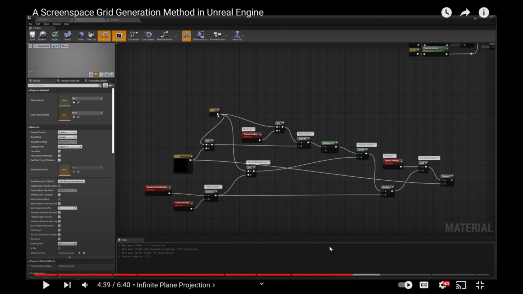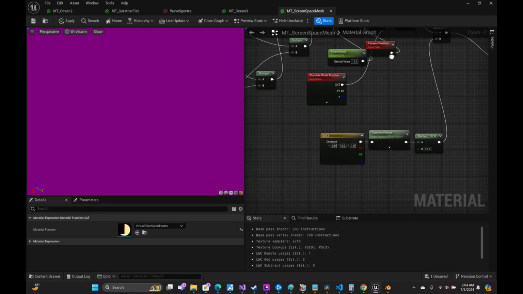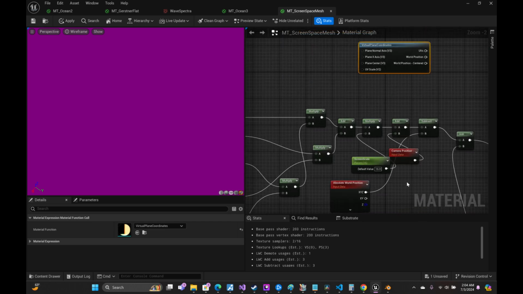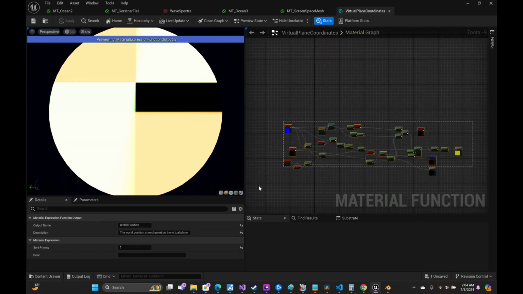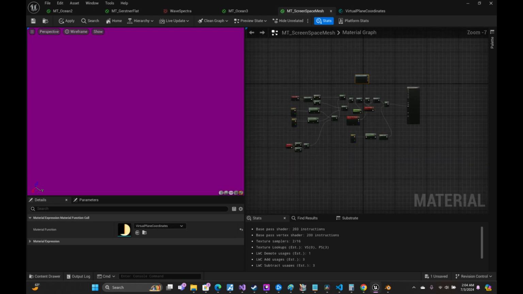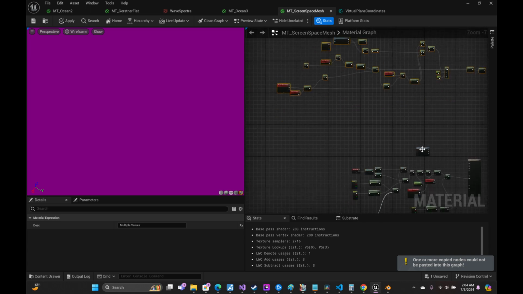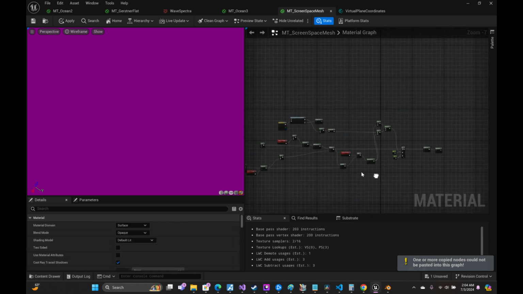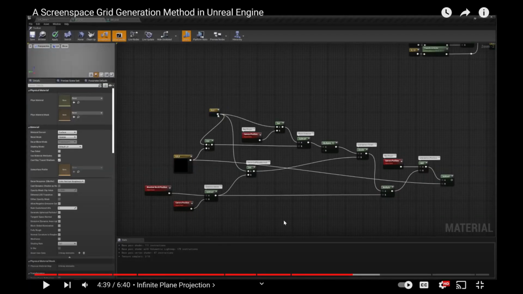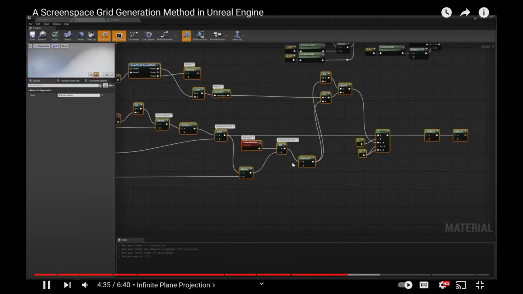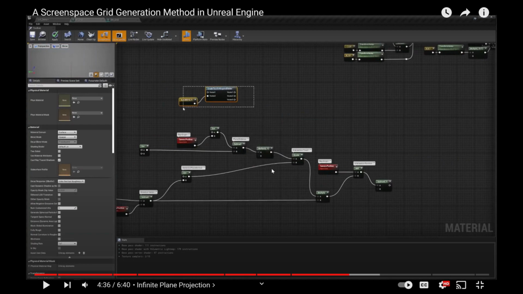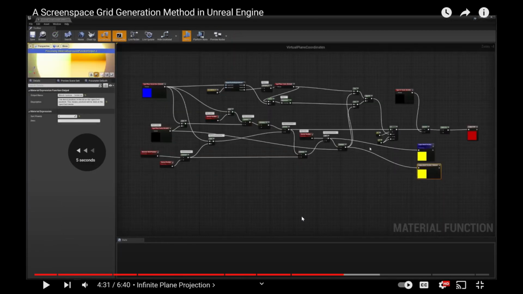Okay, hang on. We copy this, move it out here, delete this. Now, what did he delete? Okay, hang on. He deleted. It's so fast. He deleted all this.